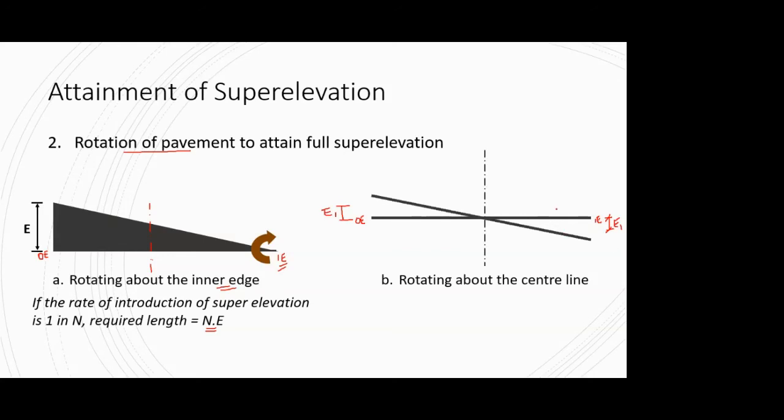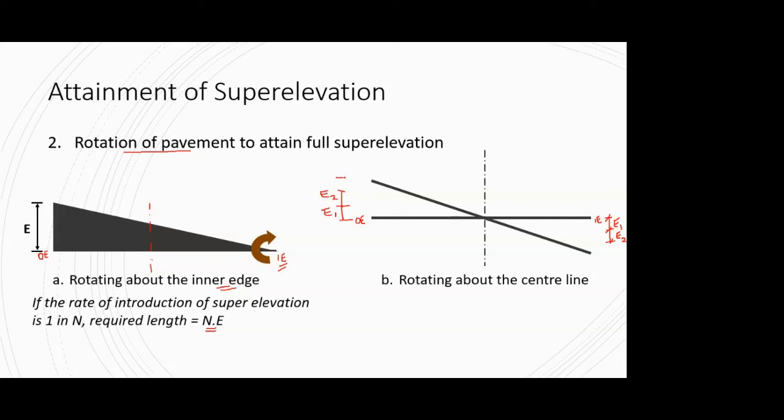Then again the rotation takes place, and I am raising my outer edge by amount E2, and at the same time I am lowering my inner edge by amount E2.